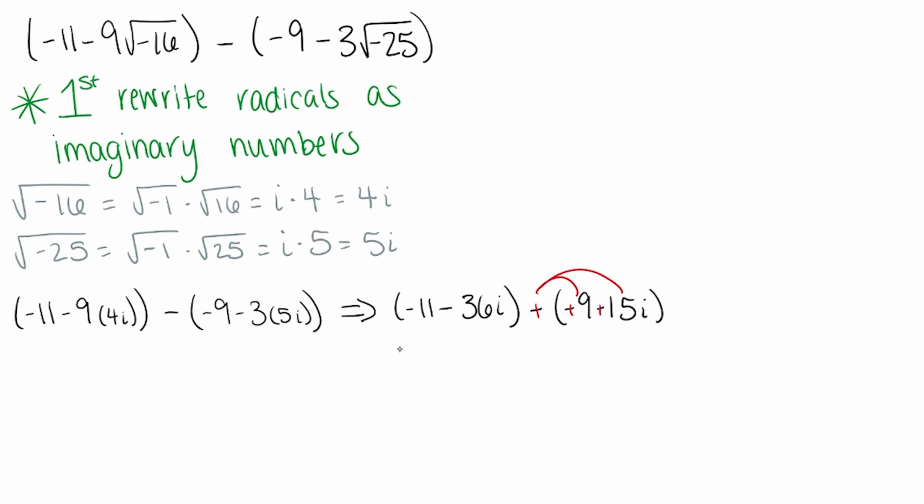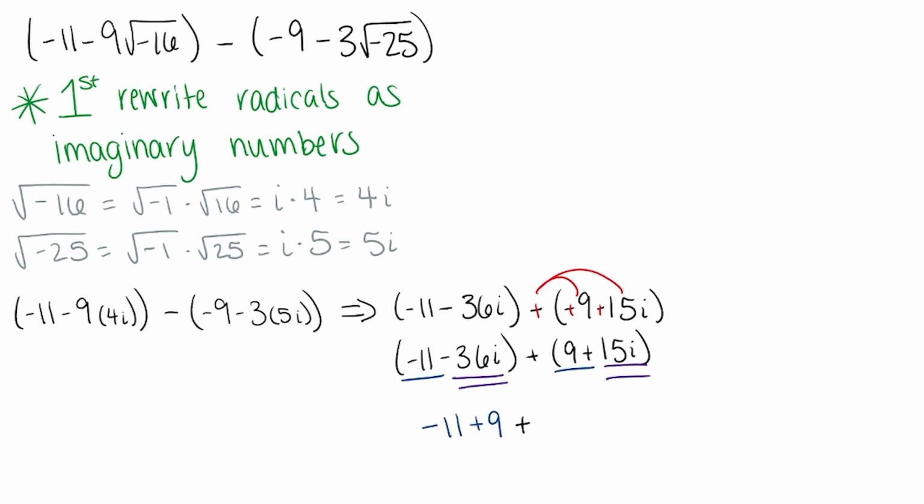So this is negative 11 minus 36i plus 9 plus 15i, and we can combine our like terms. So negative 11 and 9 are like terms. Negative 36i and 15i are like terms. And our final answer is negative 2 minus 21i.